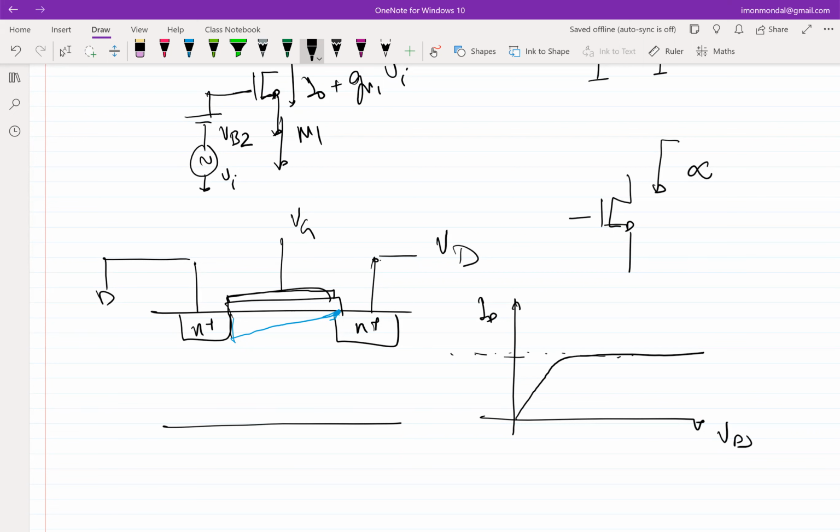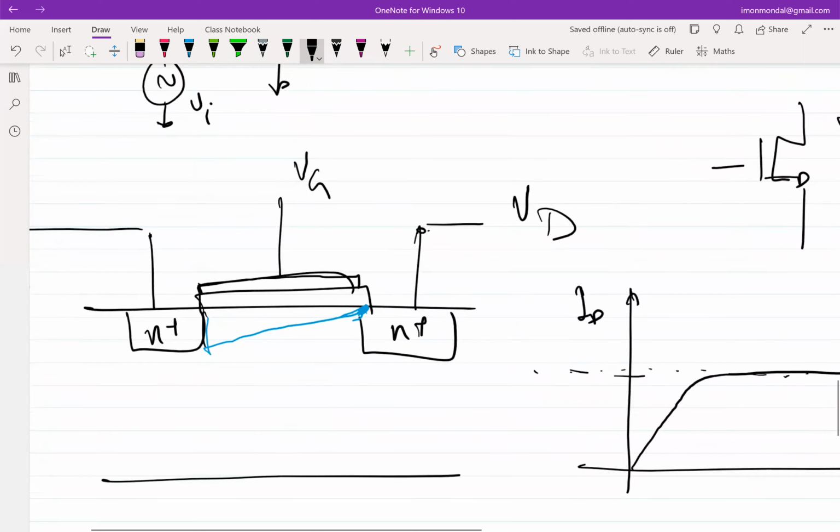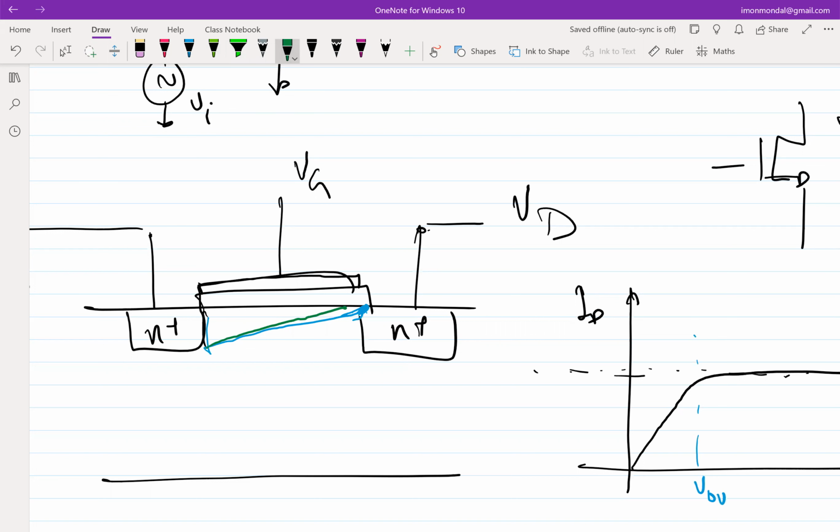This is not the case because what actually happens is, after you have reached pinch-off, if you keep on increasing this drain voltage, then the excess amount of voltage above the pinch-off voltage, this is the overdrive, shifts this charge distribution to the left slightly.